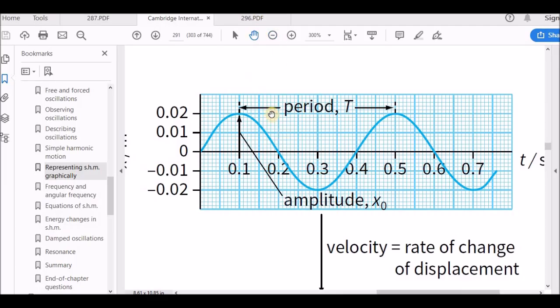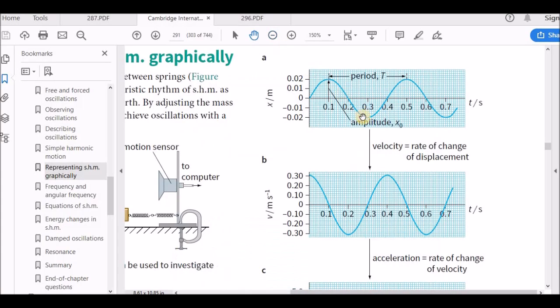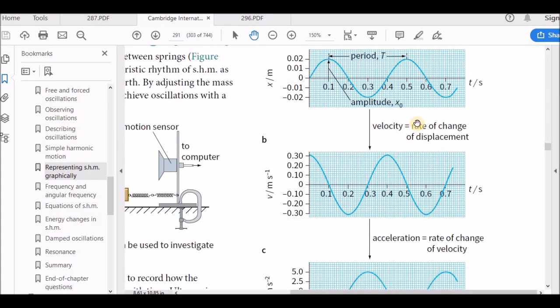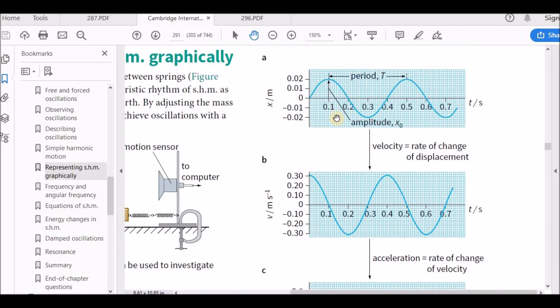If you start like this you can see it is a sinusoidal graph. That means it is in the shape of a sine wave, and when time is 0, the displacement is 0. Therefore this is a sine graph. You have learned in mathematics that a sine graph passes through the origin, whereas the cosine graph, like what you see here, will not pass through the origin.